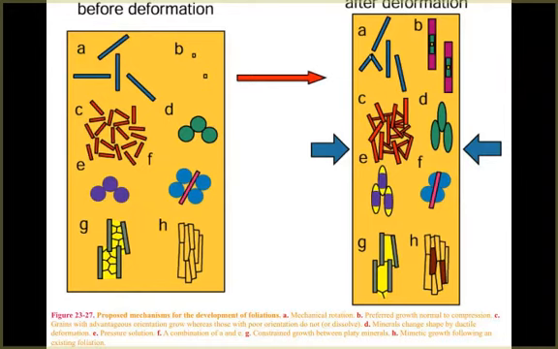We see in B, we start off with small crystals, and during deformation they can grow, and you see growth oriented in a particular direction based on what the stresses are in the rock.